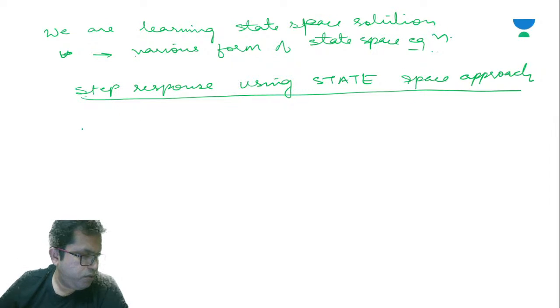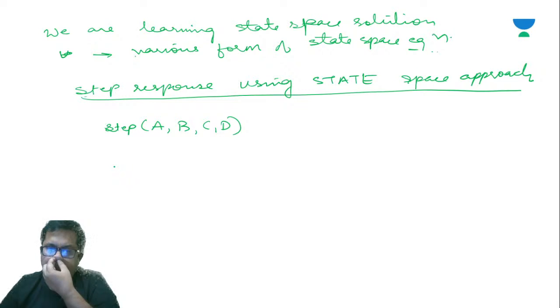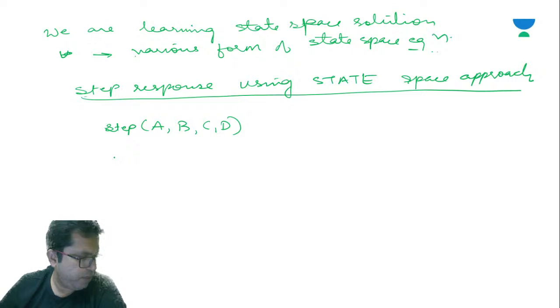Okay, so for this state space approach, there are two syntaxes. Syntax one is step(A, B, C, D), where A, B, C, D are the state matrices, input and output matrices.